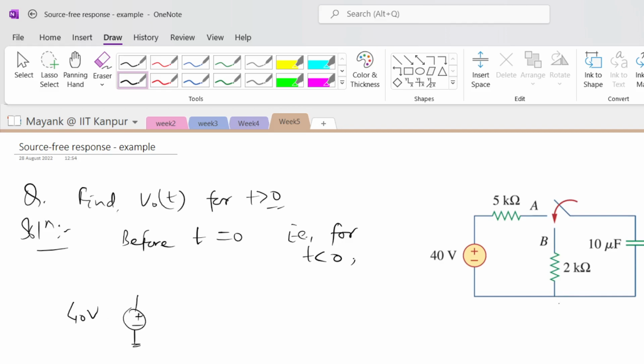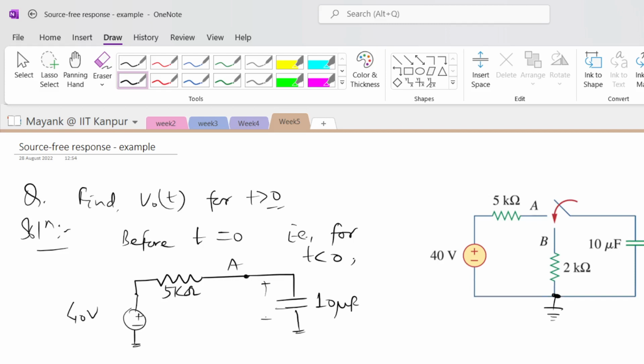It is understood that this point will be counted as the reference. Okay, fine. So the circuit was like this, a 5 kilo ohm resistance, and this is A. This was directly connected with the capacitor here. This is 10 microfarad.